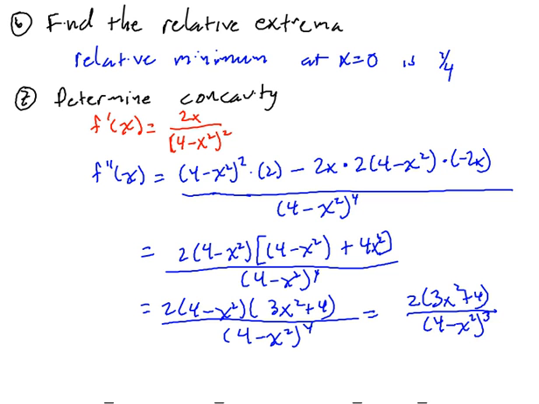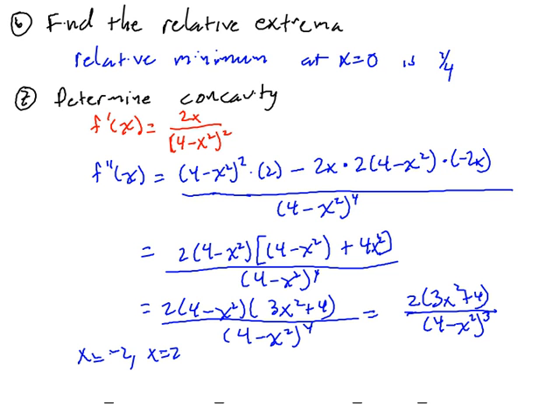Now, we've got to see, when is the second derivative either 0 or undefined? Well, it would be undefined at negative 2 and positive 2. Now, when is it equal to 0? That's when the numerator is 0. We have 2 times 3x squared plus 4 in the numerator.